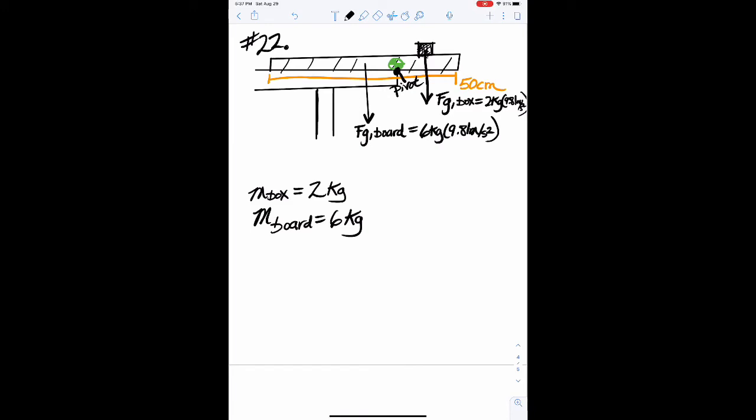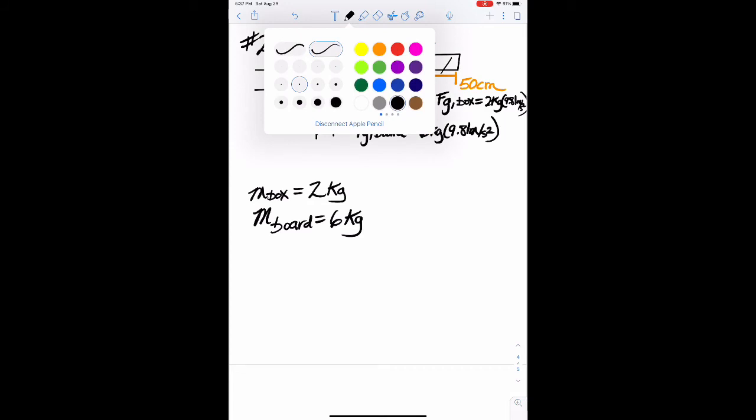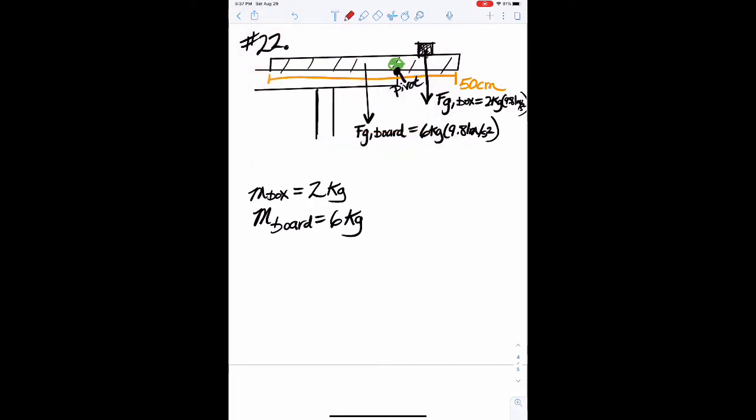So we have two torques happening here, right? The force of gravity of the board is going to cause the board to torque in this direction, and the force of gravity of the box is going to cause the board to torque clockwise in this direction.